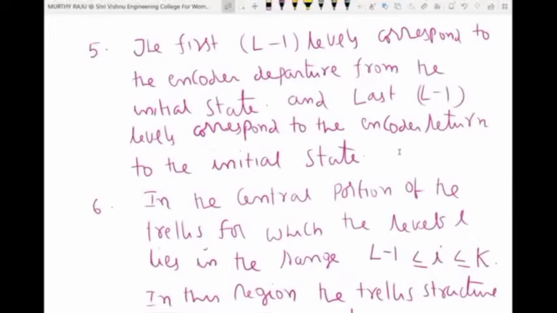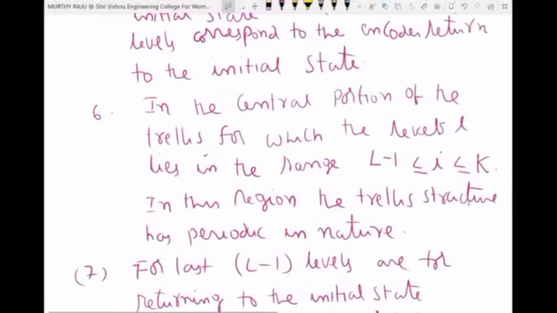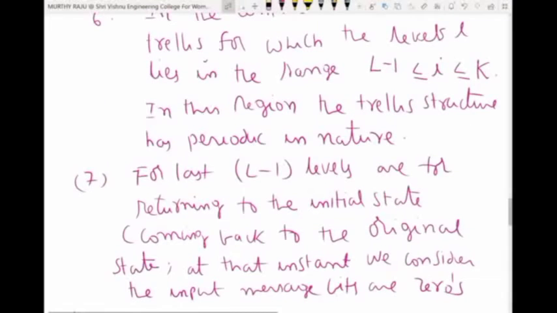In the central portion of the trellis, the levels l lie in the range L minus 1 less than or equal to l less than or equal to K. In this region, the trellis structure is periodic in nature. That means the trellis structure covers all the states of the convolutional encoder. The last L minus 1 levels are for returning to the initial state, coming back to the original state.